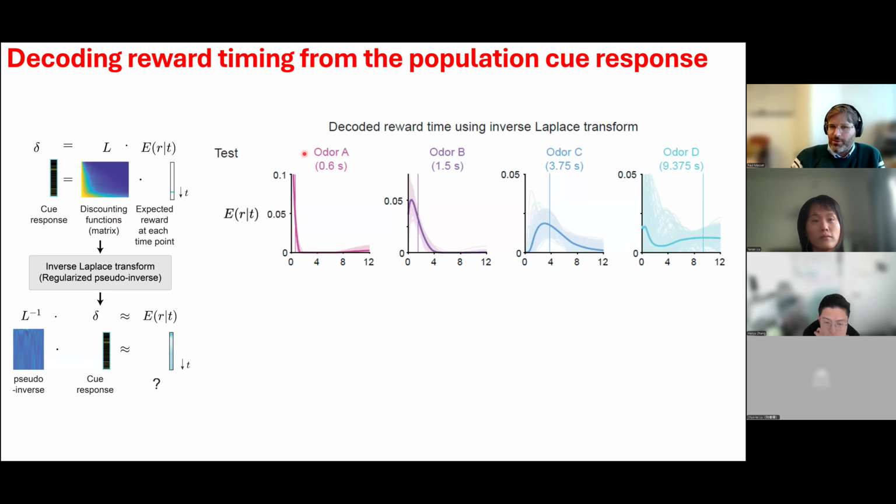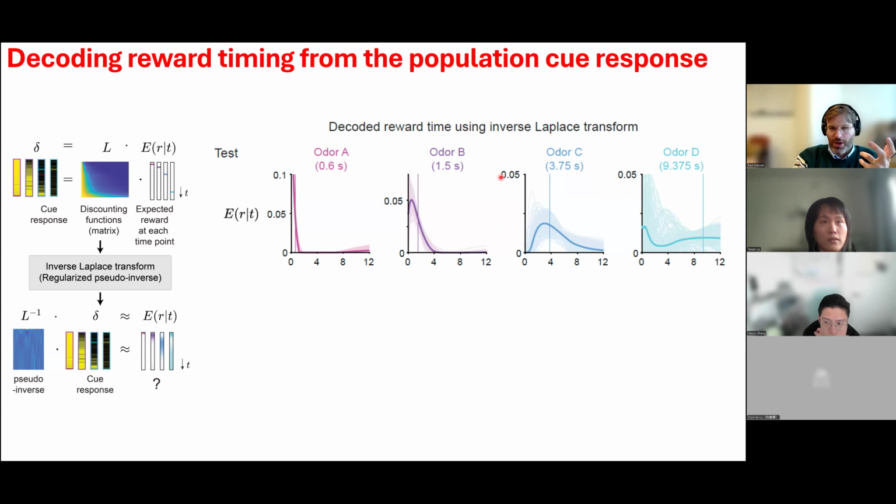So what this implies is that we are able to decode reward time using this sort of inverse Laplace-like transform, and that the information is present in the population responses of the dopamine neurons. The timing information is there across the population, and that's something that just doesn't exist in a single timescale system.